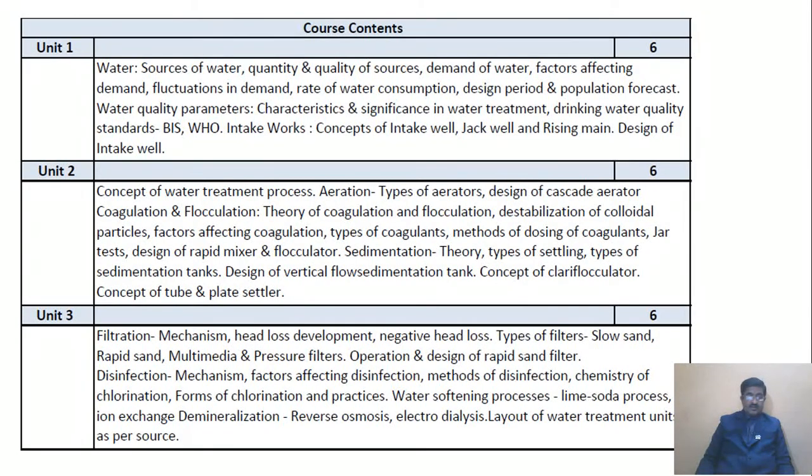Then unit 3 also comprises 6 lectures, and the contents are filtration, mechanism, head loss development, negative head loss, types of filters, slow sand, rapid sand, multimedia and pressure filters, operation and design of rapid sand filter, disinfection and mechanism, factors affecting disinfection, methods of disinfection, chemistry of chlorination, forms of chlorination and practices, water softening processes, lime soda process, ion exchange demineralization.